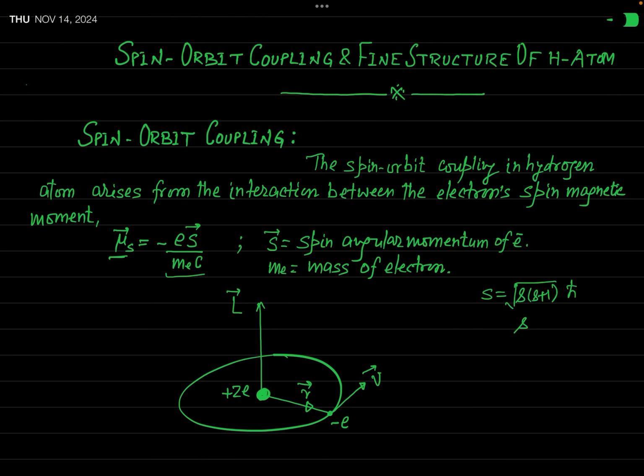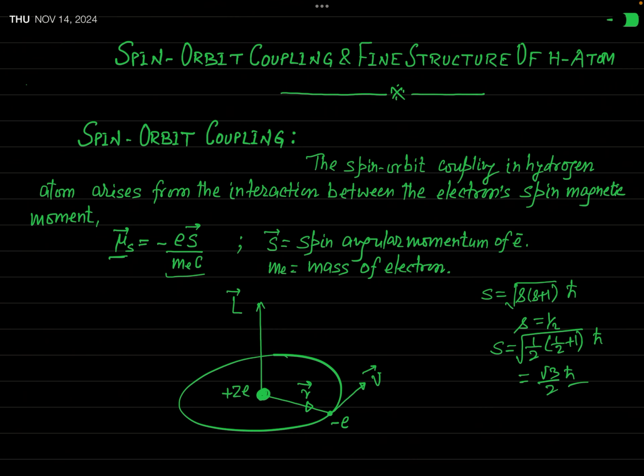Here s is equal to 1 over 2, the spin quantum number, so the magnitude of the vector S is the square root of 1/2 times 1/2 plus 1, times h bar, which is root 3 over 2 h bar. Here m_e is the mass of the electron, and c is the speed of light in free space.